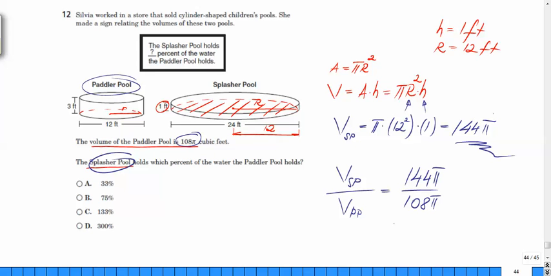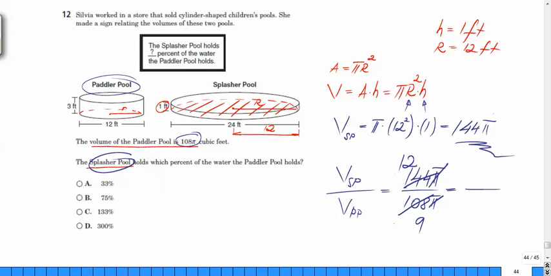As you notice in here, this is definitely greater than 100%. First of all, you can simplify by pi, and then I have 144 and 108. They're both divisible by 12. 12 goes in 144 12 times. 12 goes in 108. Let's see how many times. Is it 9 times? 9 times 2 is 18, 9 times 1 is 9, plus 1 is 10, 108.